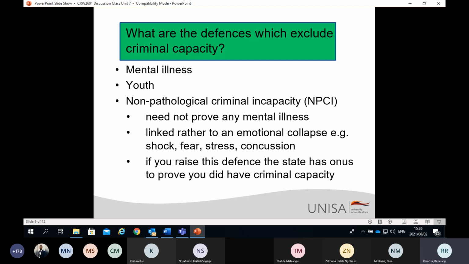And then next week, we'll cover the two specific defenses that exclude criminal capacity and which are governed by legislation, that being mental illness and youth or youthful age. Those we will cover next week, but for now, just note that there are three defenses that exclude criminal capacity.